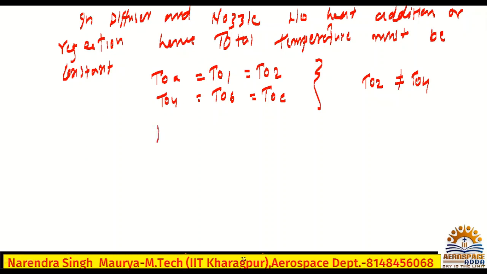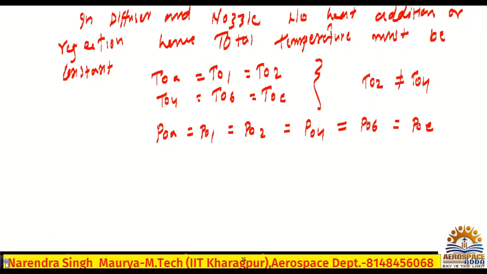The total pressure must be the same: P naught A equals P naught 1 equals P naught 2 equals P naught 4 equals P naught 6 equals P naught exit. The total pressure is the same throughout the engine, because it is an ideal ramjet and there is no shock formation. Hope you understood this.